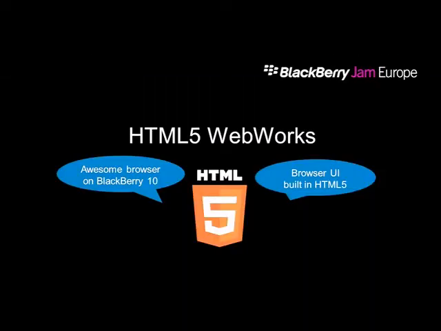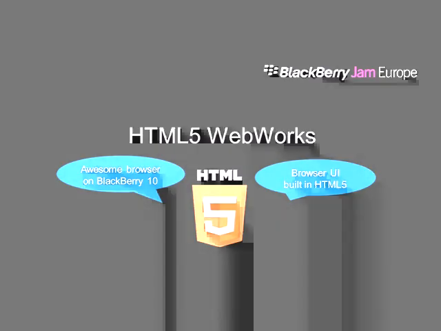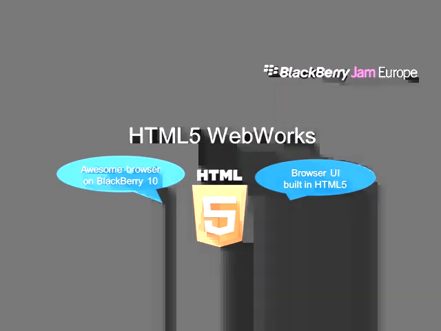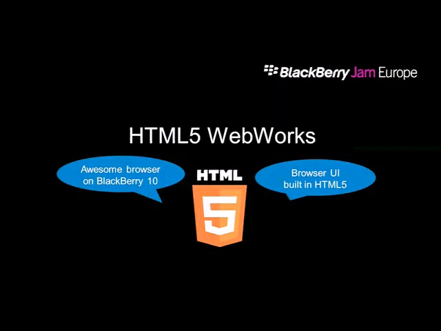We start off by looking at the HTML5 WebWorks approach and what are some of the things we need to consider as we do our porting process. Of course, at the heart of the proposition is the awesome WebKit rendering engine that is included on the BlackBerry 10 platform. I had a look yesterday while running a lab, at the HTML5 test website.